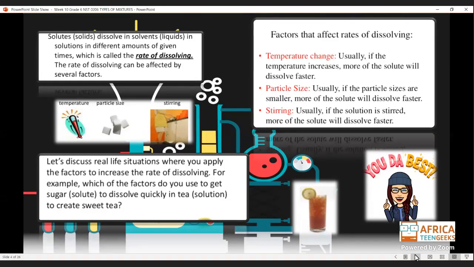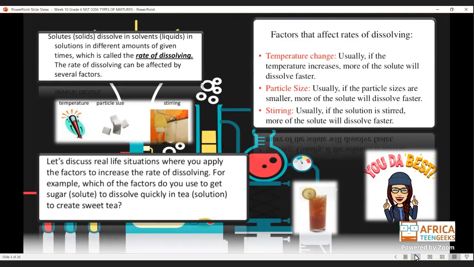Now, usually with temperature change, if the temperature increases, your solute or your solid will dissolve faster. So the hotter it is, the quicker it dissolves. When it comes to your particle size, usually if the particle sizes are smaller, then your solute will also dissolve faster.